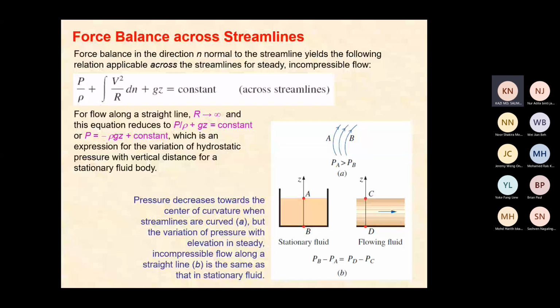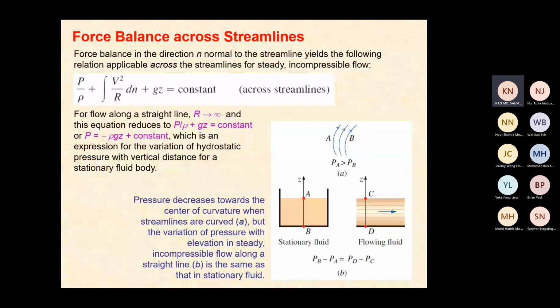So we can say that for flow along a straight line, as we said earlier, R is equal to infinity. And this equation reduces to P by rho plus gZ is equal to constant, or P is equal to minus rho gZ plus constant.